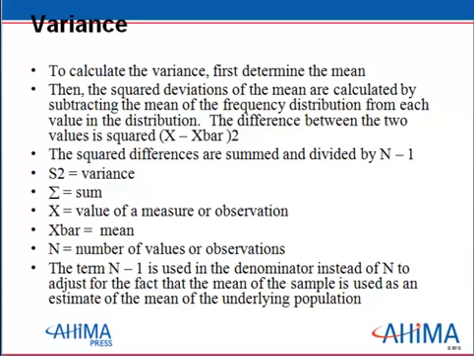Then the squared deviations from the mean are calculated by subtracting the mean from each value in the distribution. The difference between the two values is squared. That's listed here. The squared differences are then summed and divided by n minus 1. And you can see some abbreviations listed here. They are also on page 183 of your textbook.